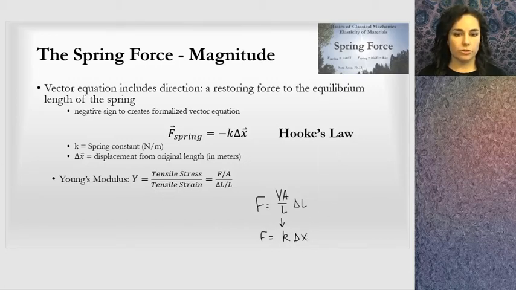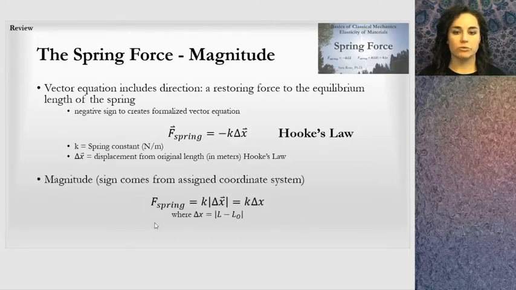I don't prefer this form of the equation in order to solve problems. I actually prefer the magnitude equation, and that's what I put up here, where I just have a positive value and any sign comes about because of an assigned coordinate system. We're going to be doing force analysis. You will be asked to do free body diagrams and assign a coordinate system, and that's where the signs will come into account. I don't generally use this form unless it's in concept.